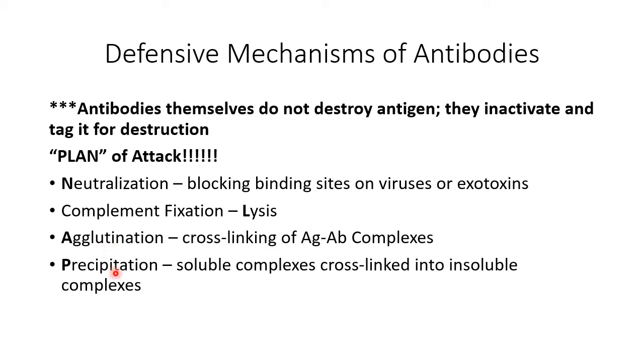And precipitation: substances that would be soluble are cross-linked into insoluble complexes, and this is all because the antibodies have 2 binding sites, so you can cross-link different antigens together and make them into larger complexes.